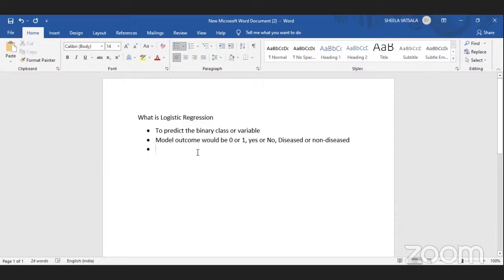It is primarily a classification machine learning modeling, which supports binary or multi-class.